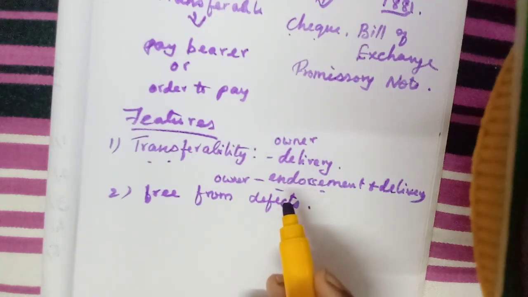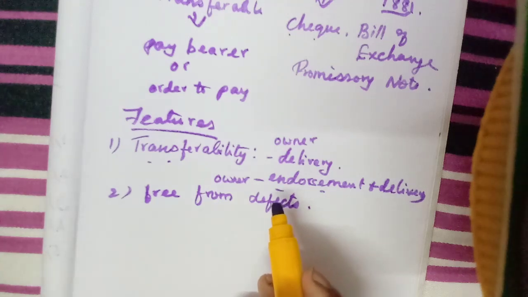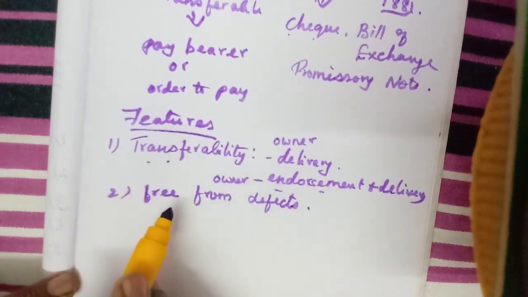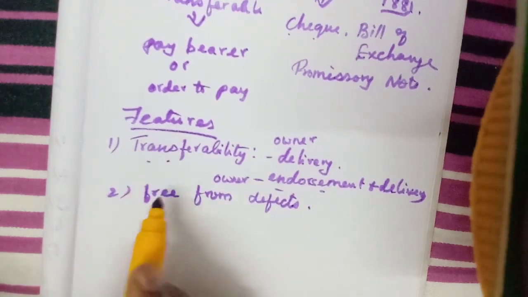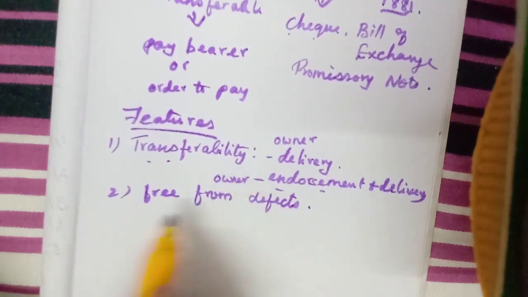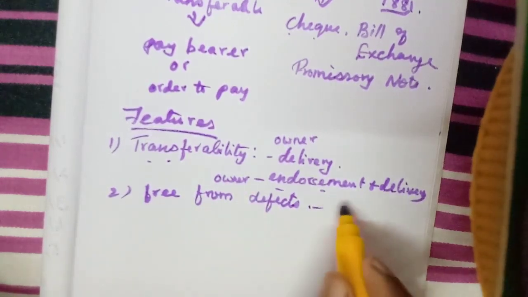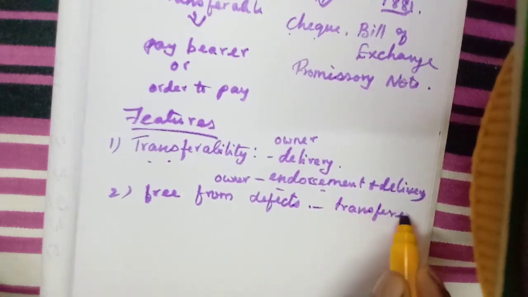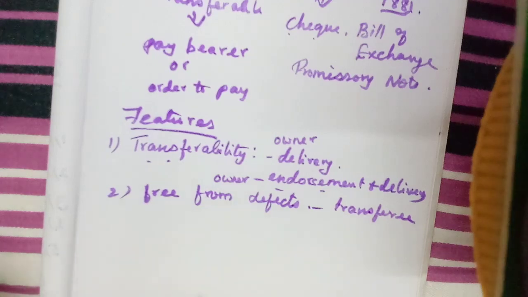So if we sell and transfer a document, that land or property, all the defects the transferor is having will be transferable. But here, when negotiable instruments are transferred, the transferee, the person to whom we are transferring, is free from any defects of the transferor.